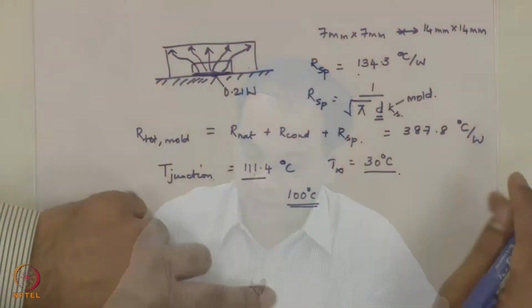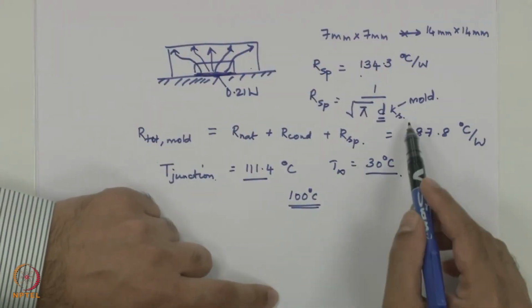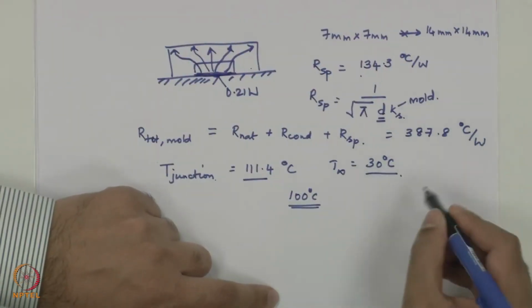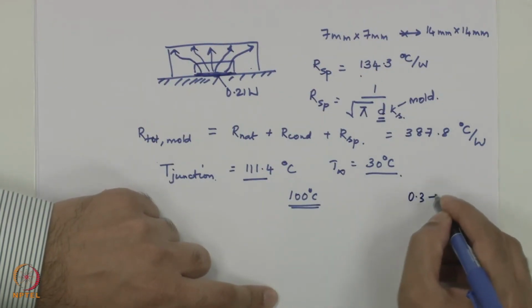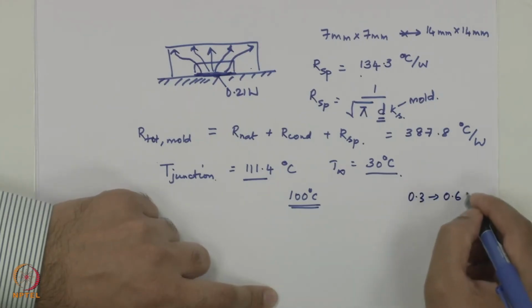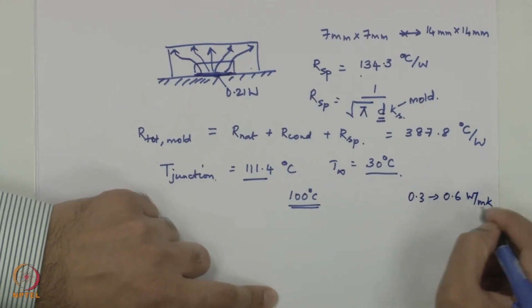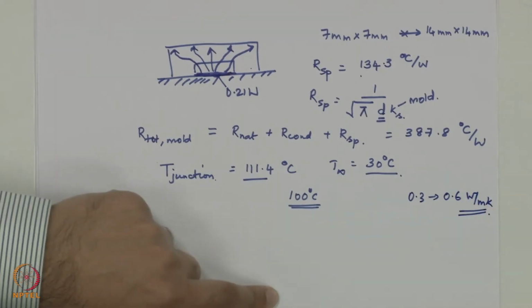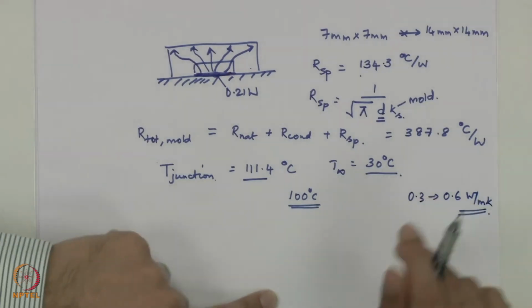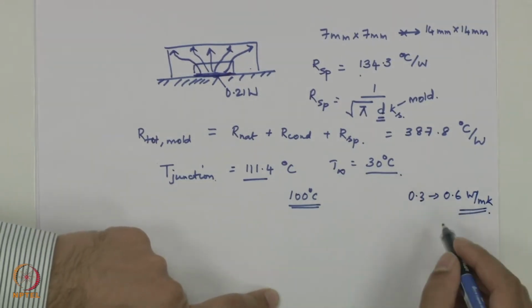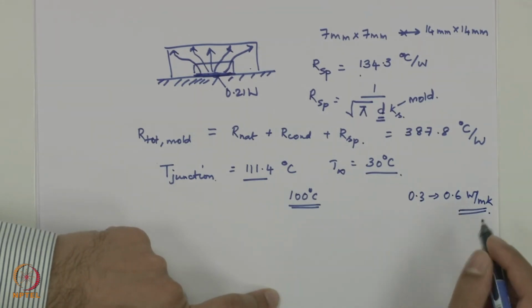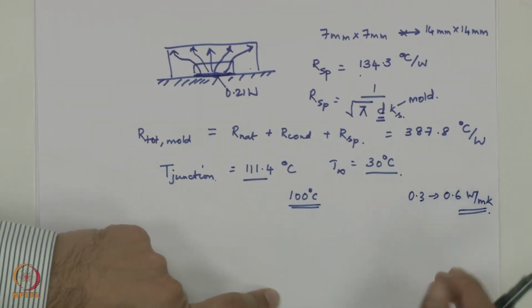So, as an outcome from this problem, when the mold thermal conductivity is increased from 0.3 to 0.6 watt per meter Kelvin, which we won't solve here, is sufficient to bring the junction temperature for the same area ratios well below 100 degrees C.